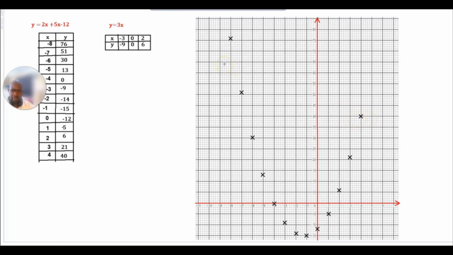Then what remains is that we use a smooth curve to join the points. So we join the points one by one, and we should not skip even a single point.